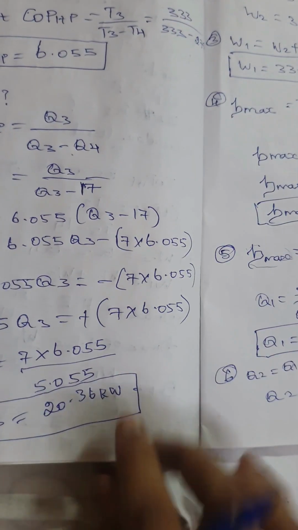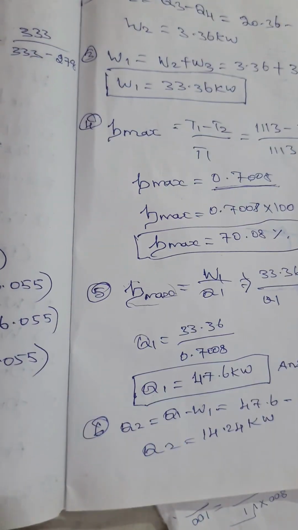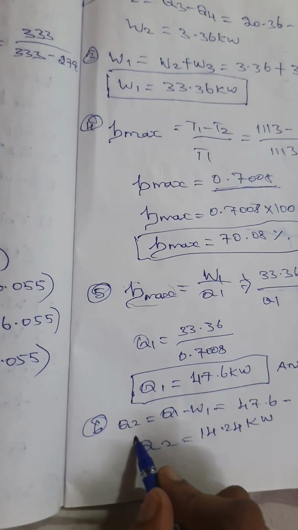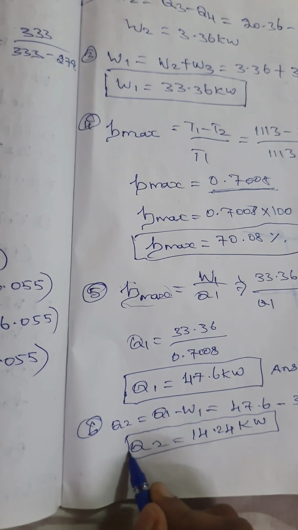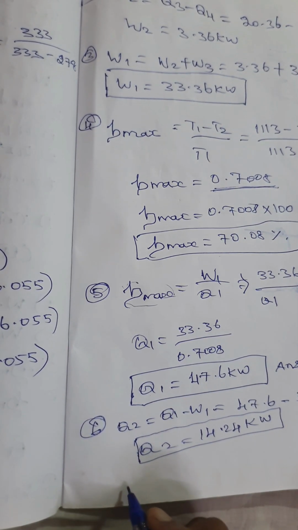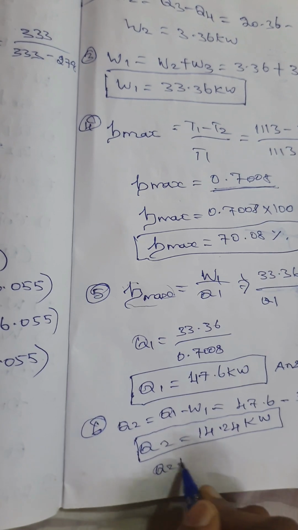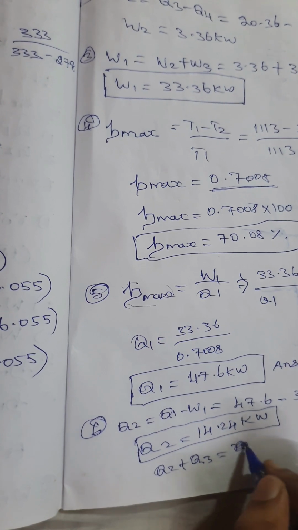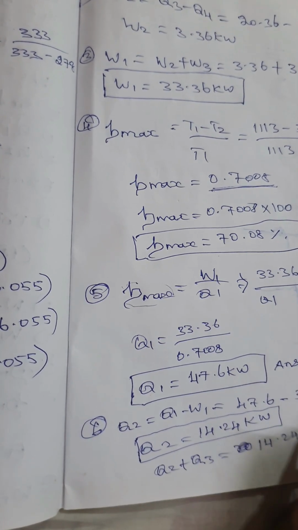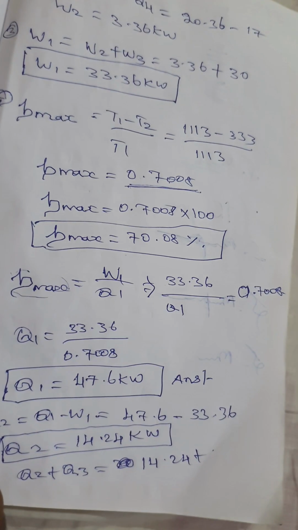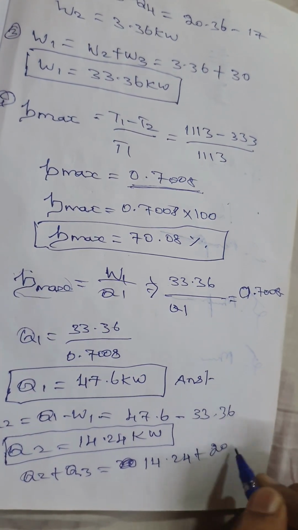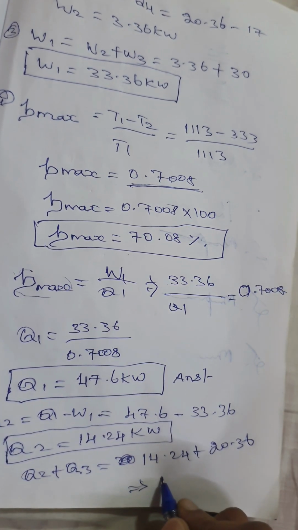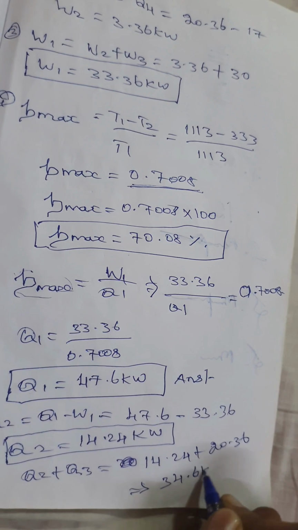Now you have found the Q2 value and you know the Q3 value. What we have to find secondly is Q2 plus Q3, that is equal to 14.24 plus 20.36, that is equal to 34.6 kilowatt.